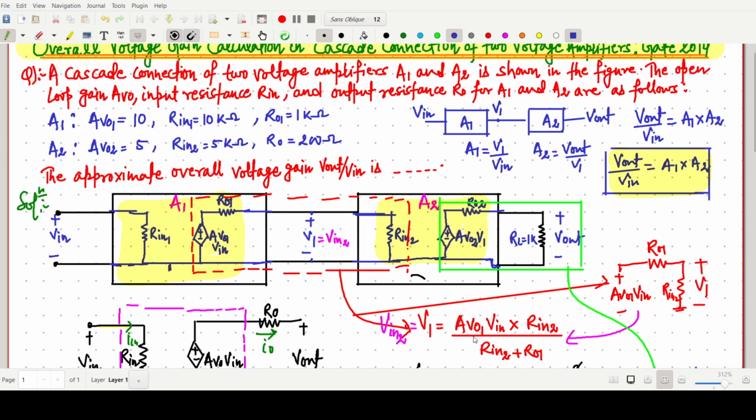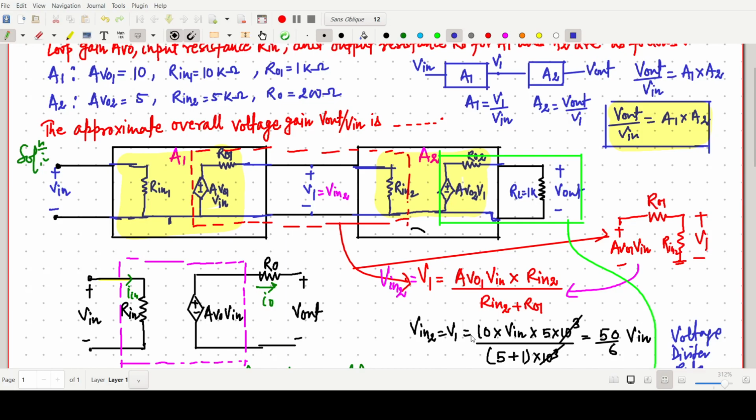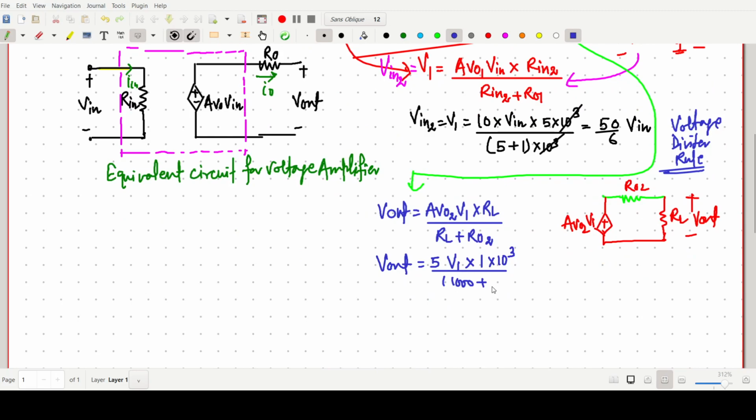R in, oh sorry, R naught 2. This one is our R naught 2, 200 ohm. So better to write 200. Okay, so one can write 5 V1 into 10 to the power 3 by 1200.